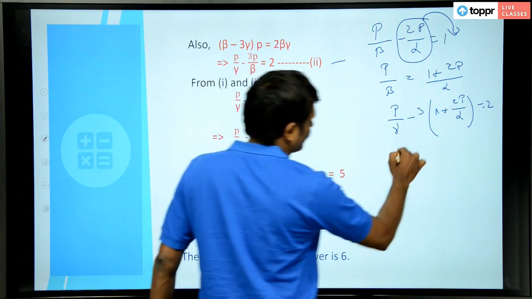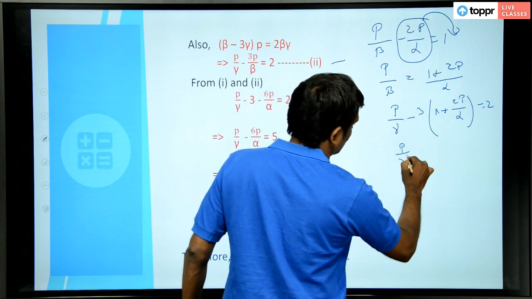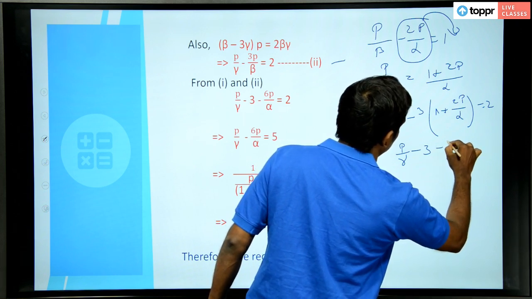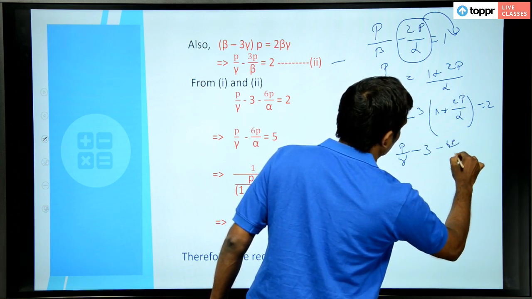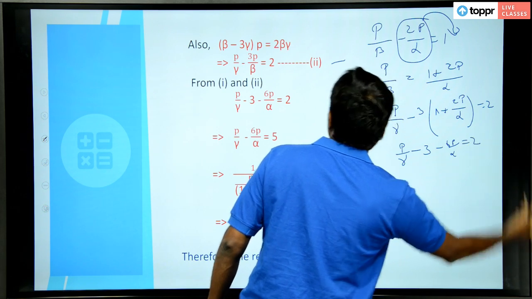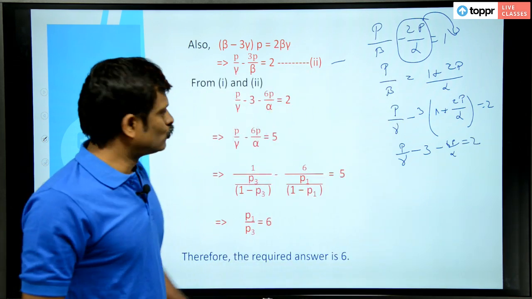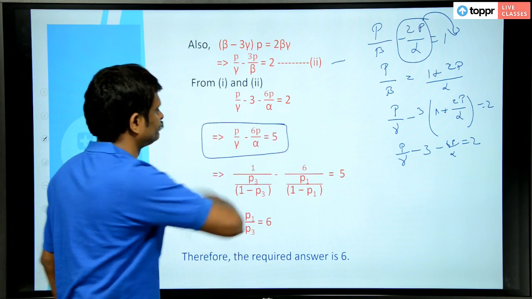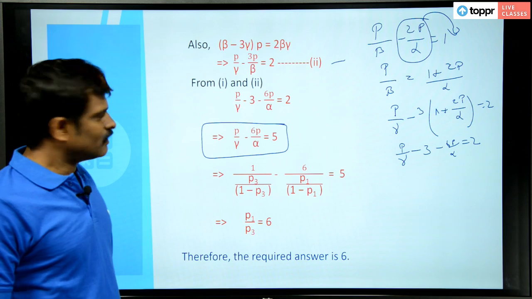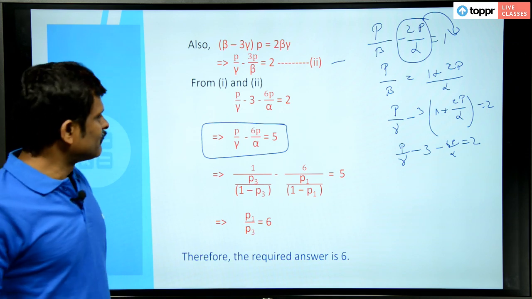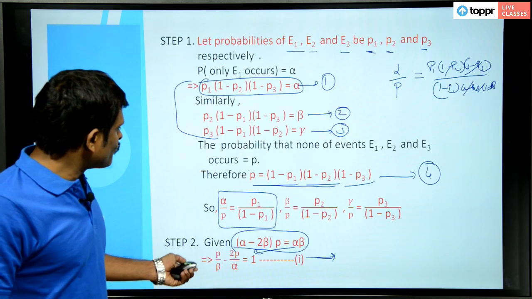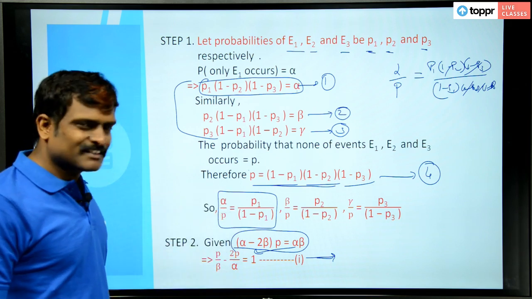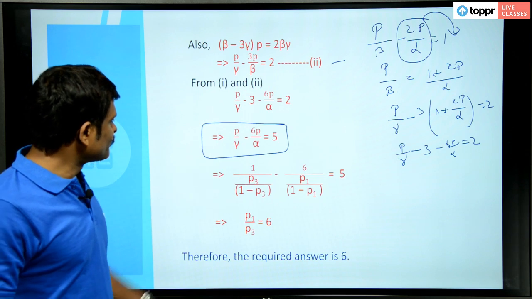So when I simplify it, I get P by gamma minus 3 minus 6P by alpha is equal to 2, and I send the 3 to the other side and I get this equation, right. P by gamma minus 6P by alpha is equal to 5. Now we have already proved that alpha by P is equal to P1 by 1 minus P1, right. So that is what I am substituting here.